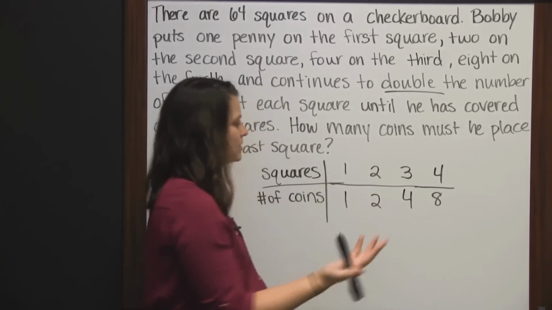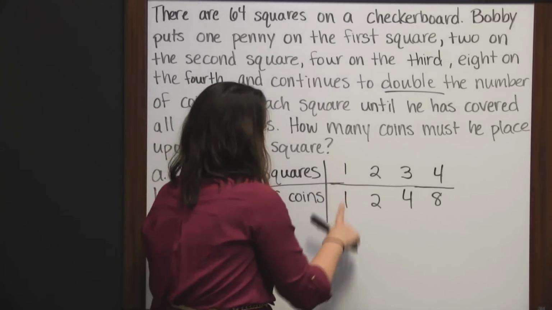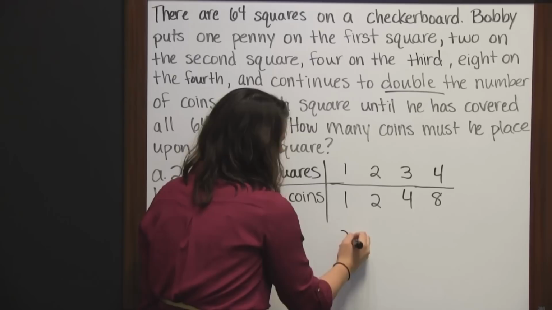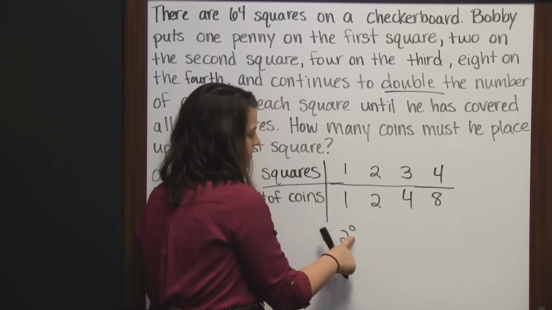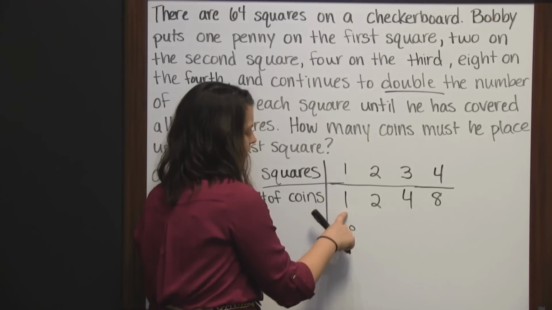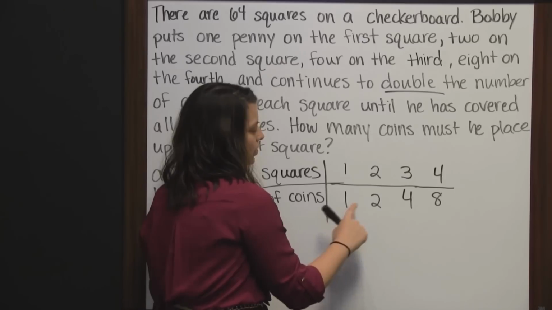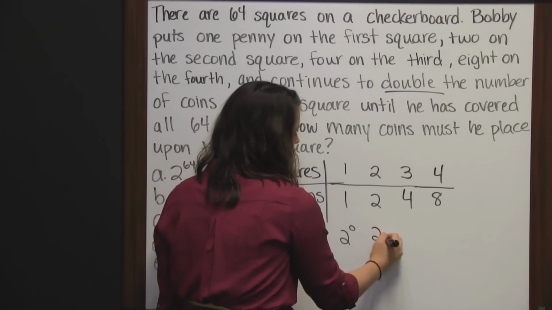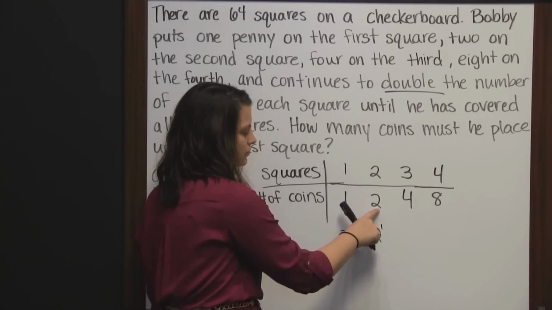So since I know I'm doubling, then I have a base of 2. So on the first square, I have 2 to the power of 0. Any number to 0 is 1. So on my first square, I have 2 to the power of 0 coins. On my second square, I have 2 to the first power coins. 2 to the first power is 2.